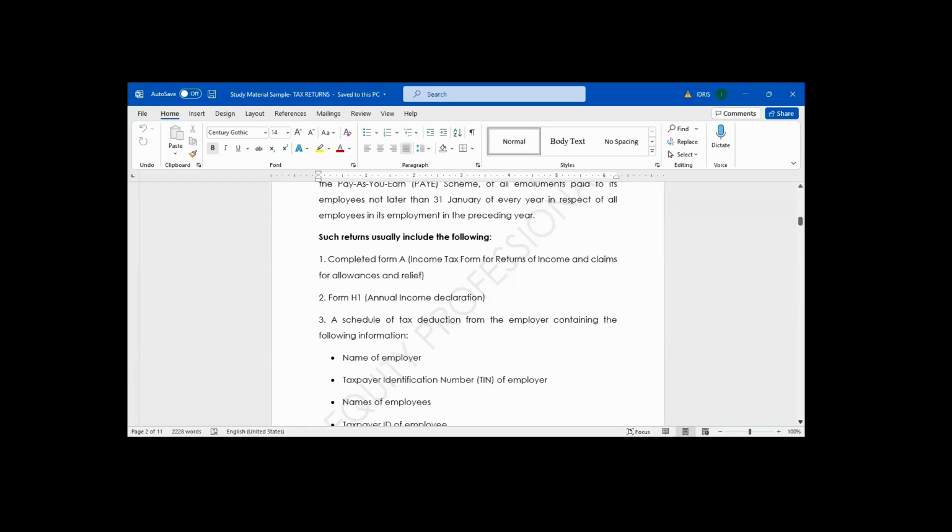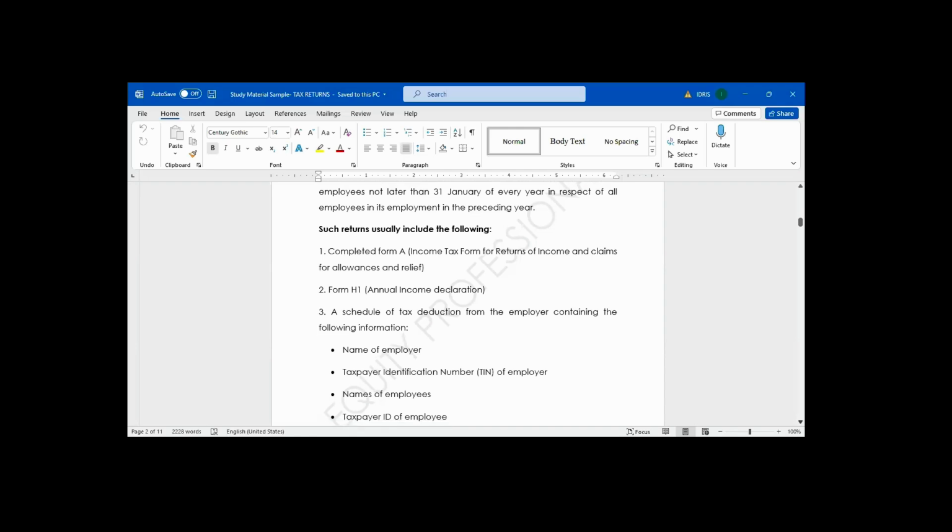That is completed Form A. We have another one called Form H1, another content of PAYE annual return. Form H1, that one is called annual income declaration. Annual what? Income declaration.